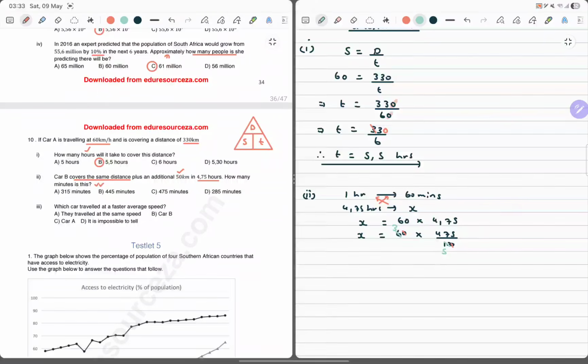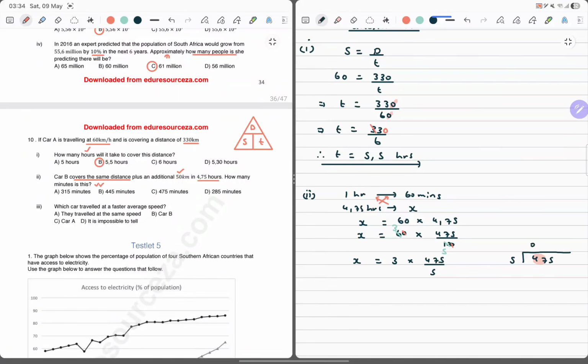So x is going to be 3 times 475 over 5. And certainly 475 will be able to divide 5. Let's do long division. 5 into 475. Now 5 into 47 goes how many times?